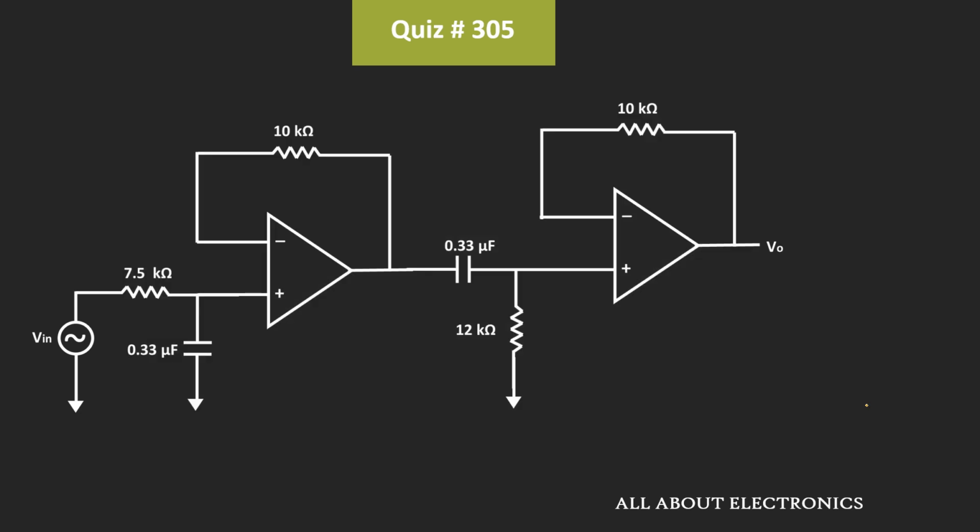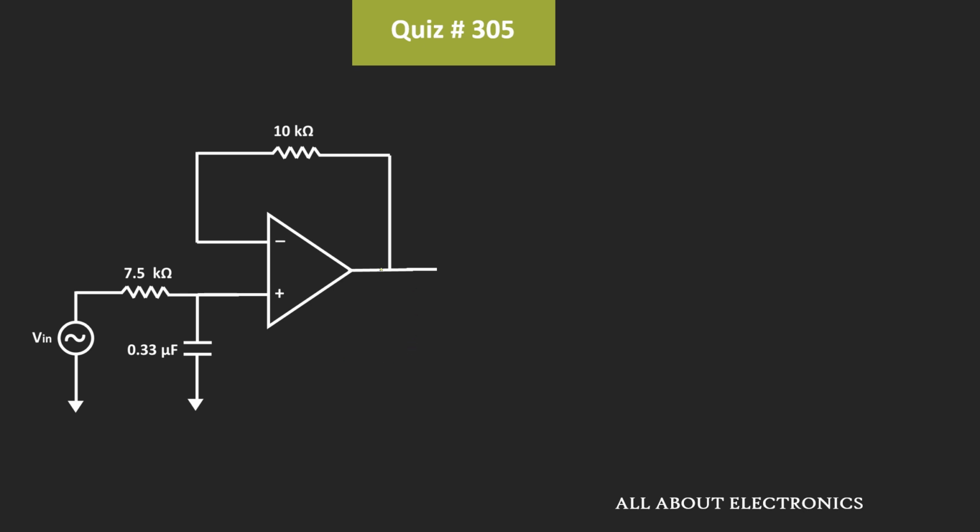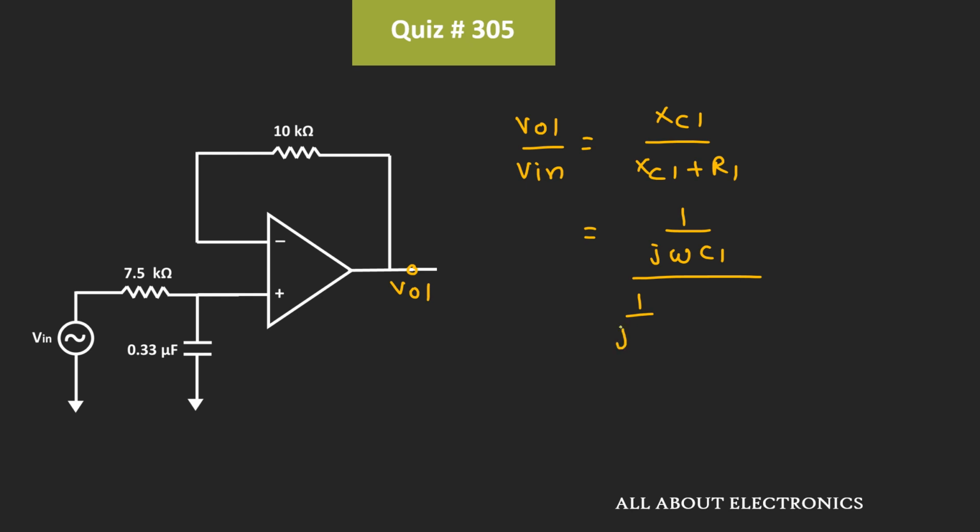So to find that, first of all let us find the transfer function of this low pass filter. So here let's say the output of this op-amp is equal to VO1. So here this VO1 divided by Vin can be given as XC1 divided by XC1 plus R1, that is equal to 1 divided by j omega C1 divided by 1 divided by j omega C1 plus R1, that is equal to 1 divided by 1 plus j times omega times R1 times C1.